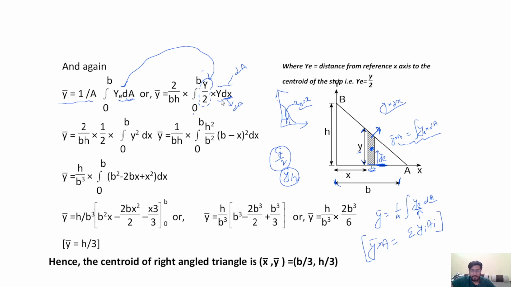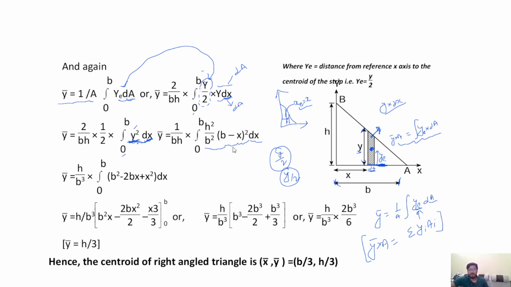So from here, y square into dx from 0 to b. The integrating factor is dx and the value is y square. That's why replace y square in terms of x from the above equation. y is equal to h by b times b minus x. That's why y square is equal to h square by b square, b minus x whole square dx.